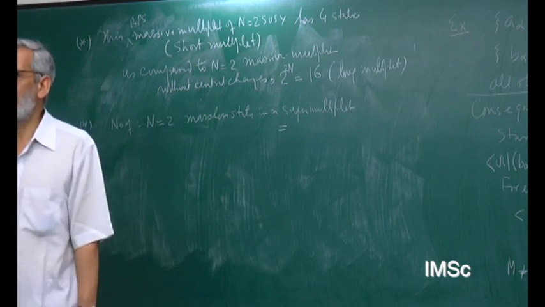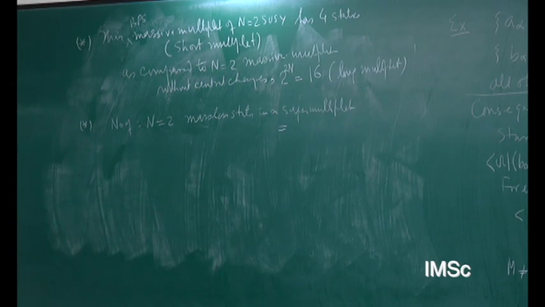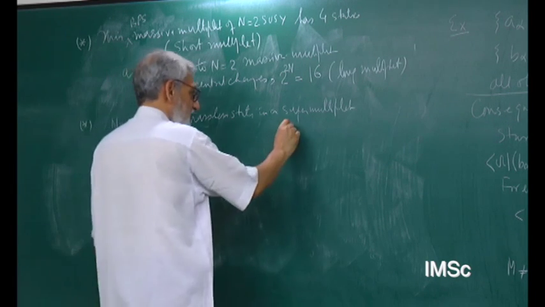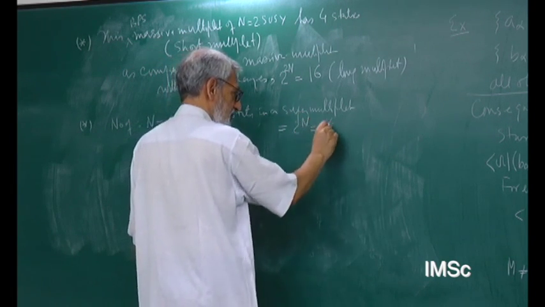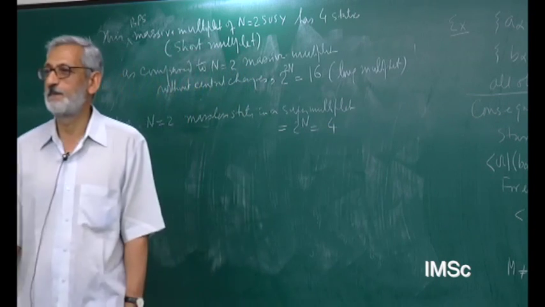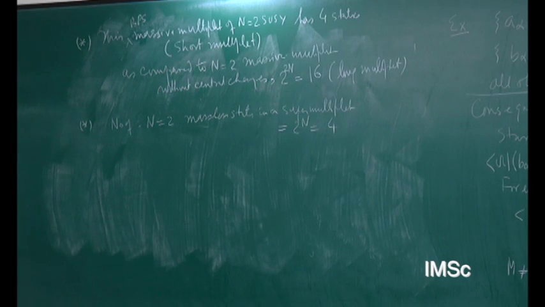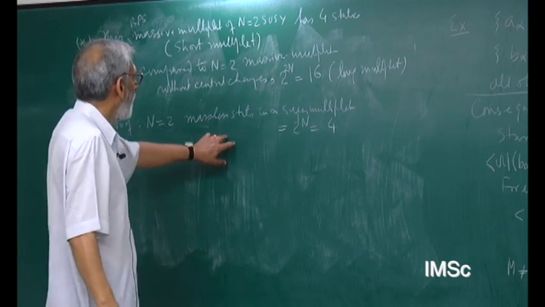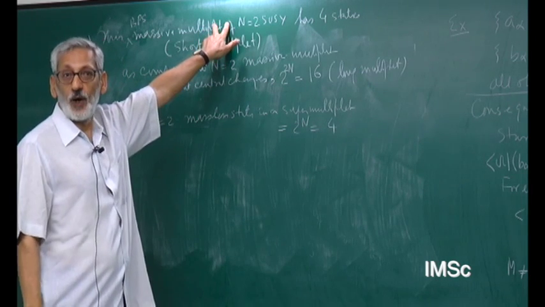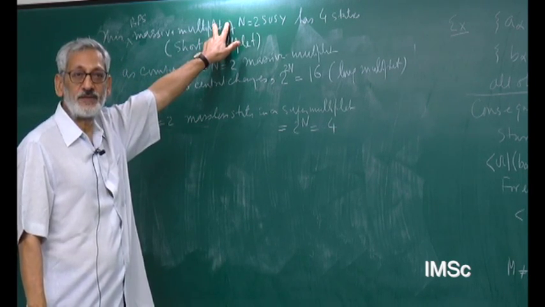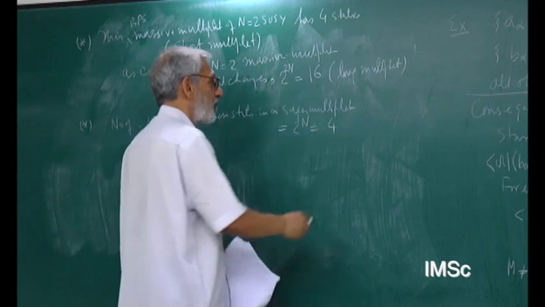From now, what do we learn from last time? Can anybody remind me? This is 4. This is exactly the same number as the number of BPS saturated states. So, this is a short multiplet.